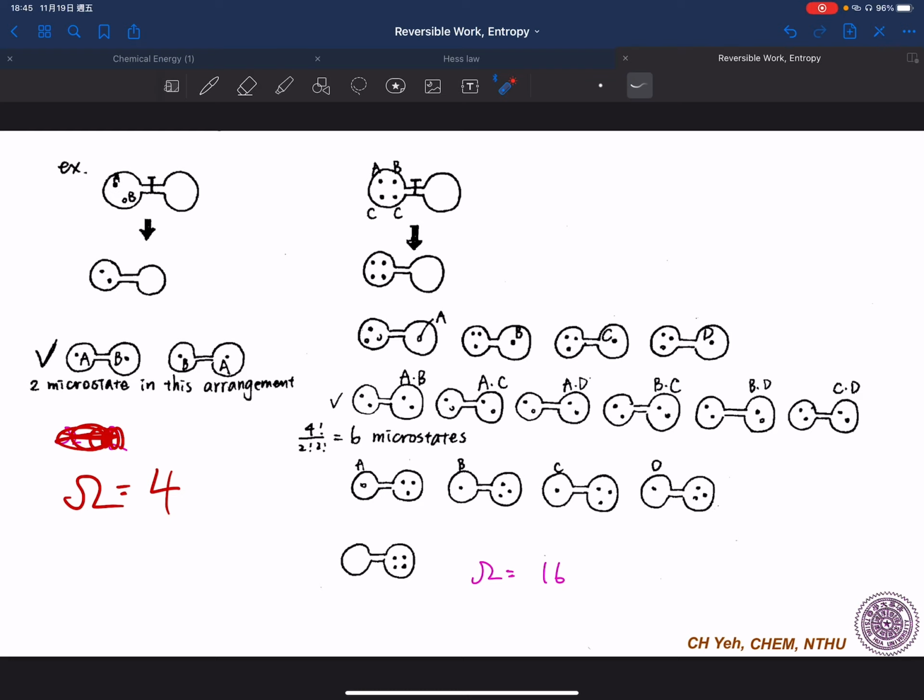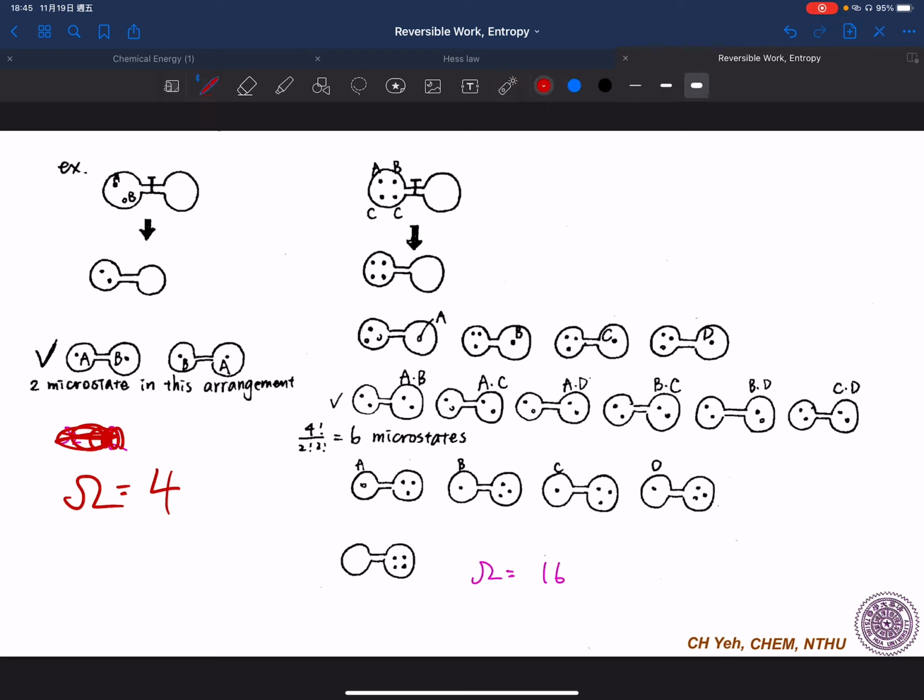So let's see over here. The number of arrangements has its maximum when there are 2 over here and 2 over here. Does it look familiar to you? Because 1 over here and 1 over here is the maximum arrangement in the scenario of 2 molecules of gas.